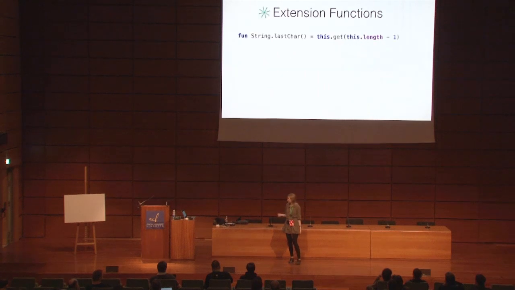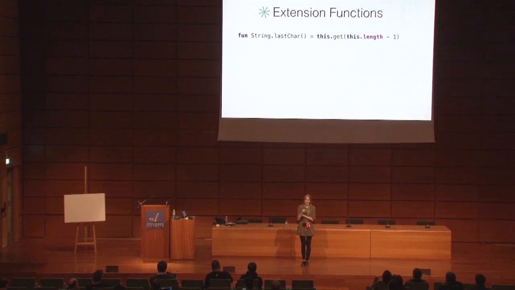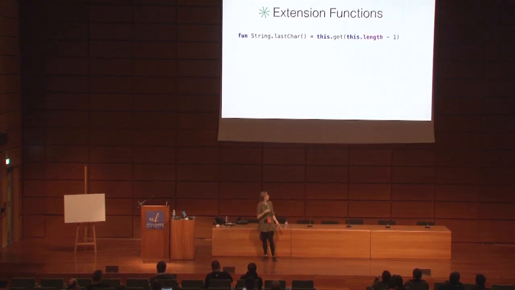So let's start with extension functions. Again, it's not a feature invented in Kotlin. If I'm not mistaken, the C# language has the same feature, so that's why some of you might have known it. What does it allow us to do? We can declare a function as an extension to a class.